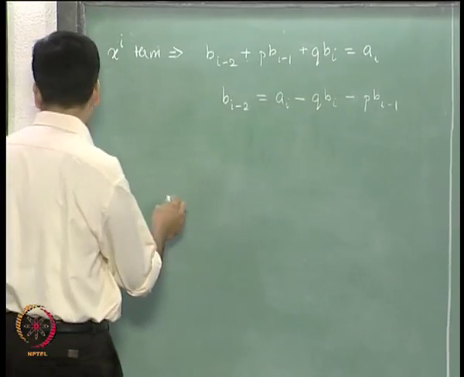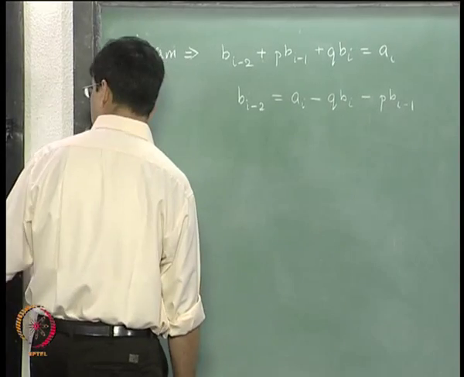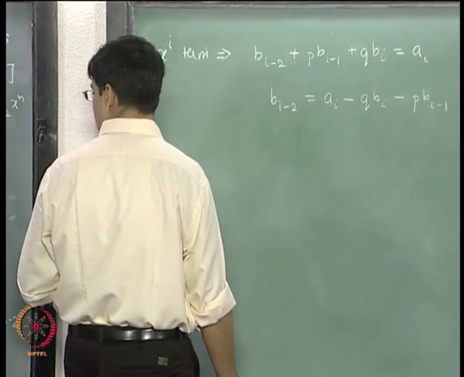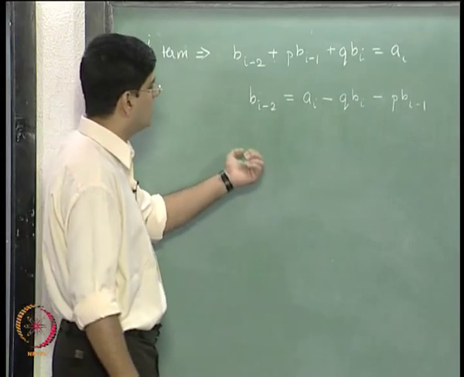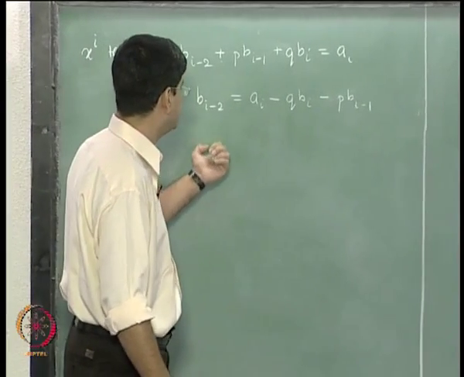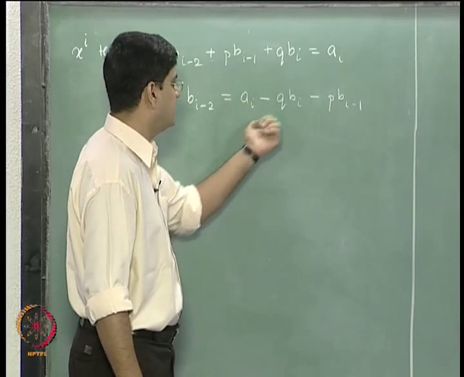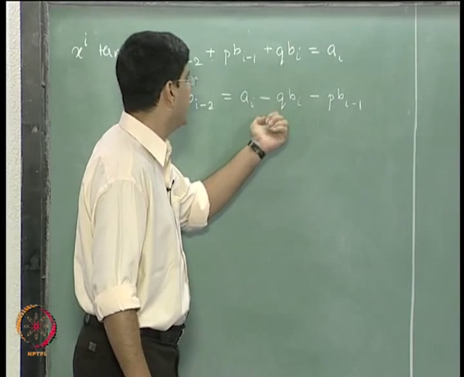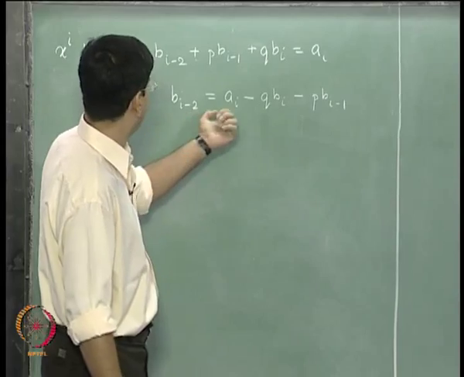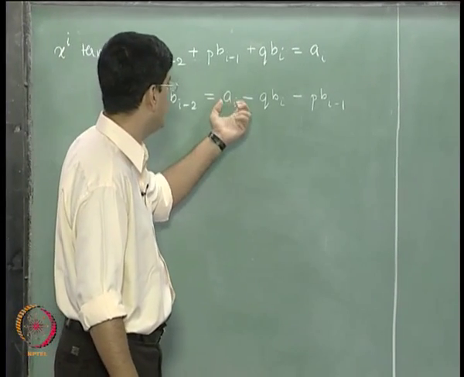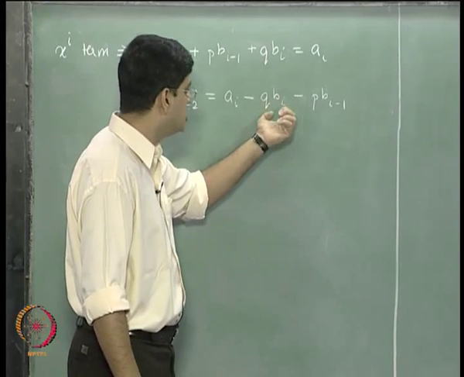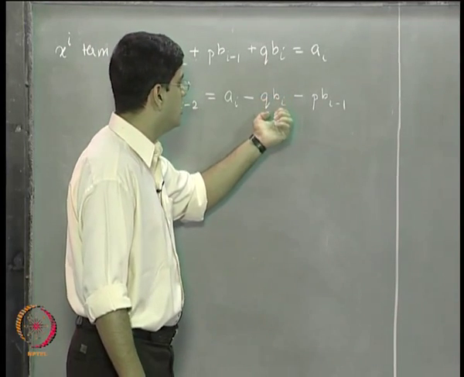So for n we will have bn minus 2 equal to an. For n minus 1 we will have bn minus 3 equal to an minus 1, an minus an, sorry. For bn minus 2 we will have n minus 3, we will have an minus 1 minus q times bn.